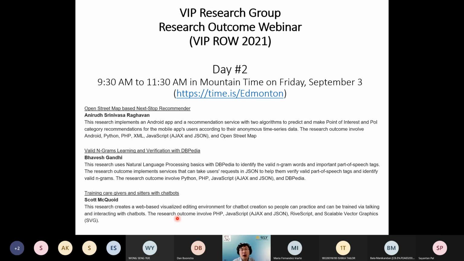You can create a chatbot and let your staff, students, and faculty members talk to the chatbot to see if their talking or actions are not good, or if their talking can effectively communicate with virtual patients or elders, so they can get the most important information easily from different personalities of the virtual person or elder. So that is our third research outcome.